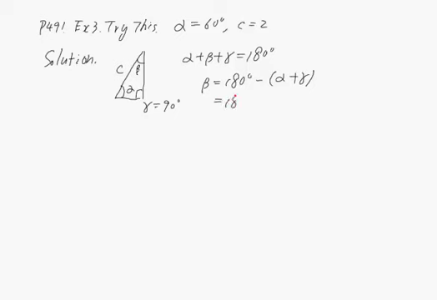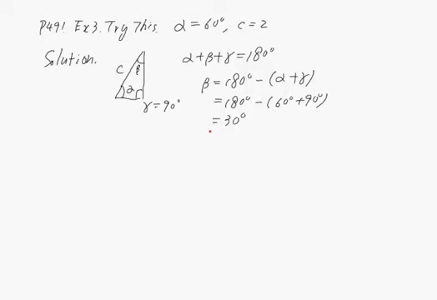And this is equal to 180 degrees minus the quantity 60 degrees plus 90 degrees, so 180 degrees minus 150, which is equal to 30 degrees.